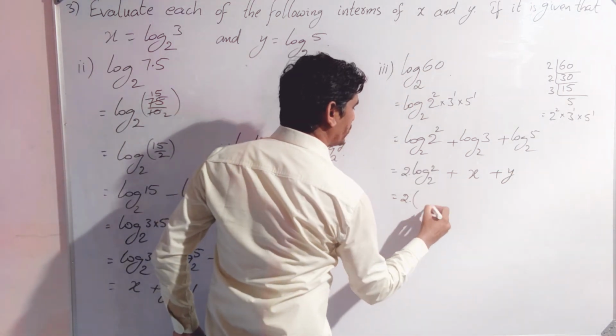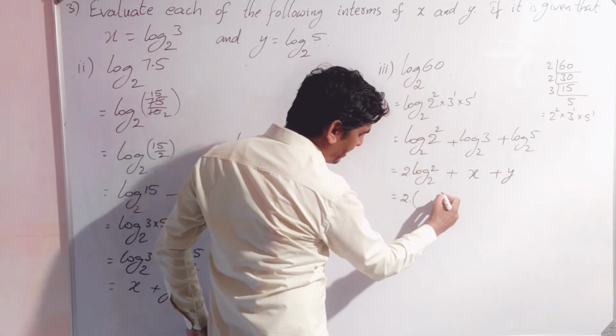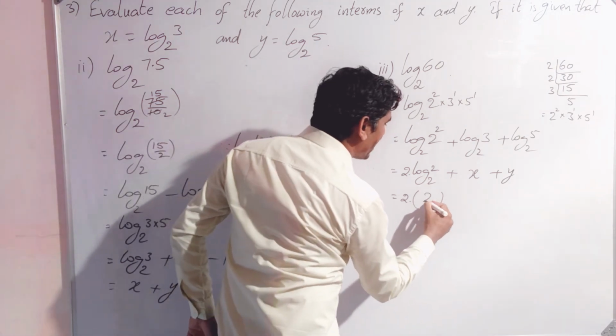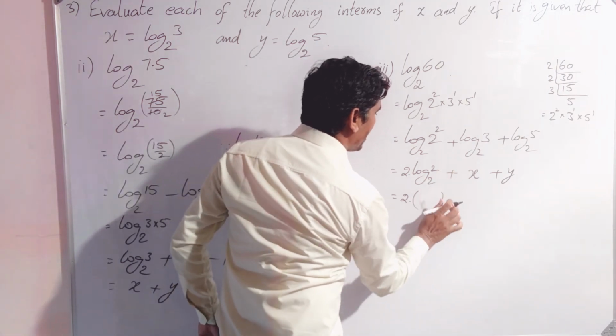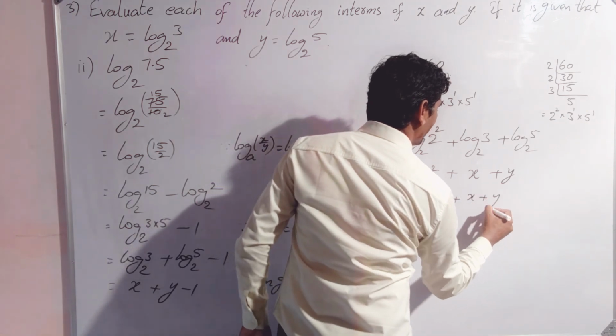Now 2 into 2, as is: logarithm of 2 base 2 value is 1. So 2 times 1 plus x plus y.